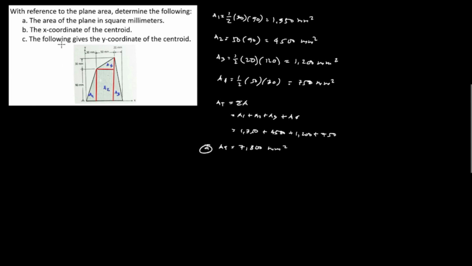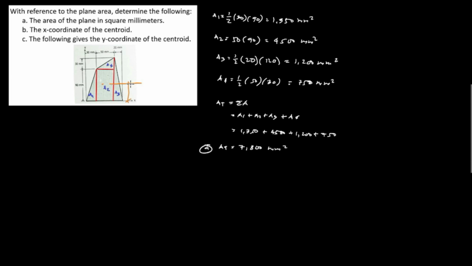Next, to find the x-coordinate of the centroid, which is along the x-axis, and we will designate that as y bar. So we will find the distance from the x-coordinate up to the y distance, and this is the centroid of the area, and we will designate this as the x coordinate.